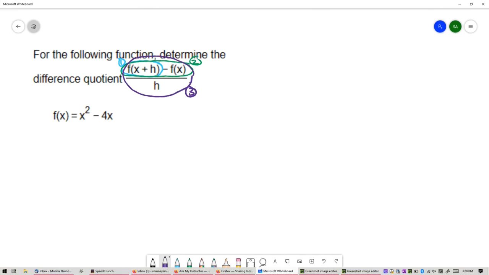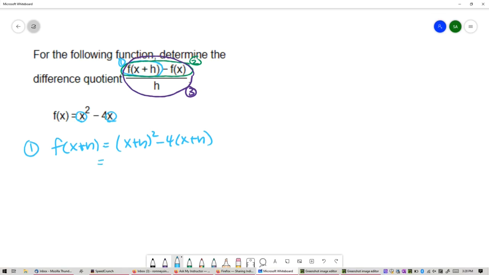So let's start with the first one, which is f of x plus h. So to calculate f of x plus h, we need to change these x's to x plus h. And that would give x plus h squared minus 4 times x plus h.